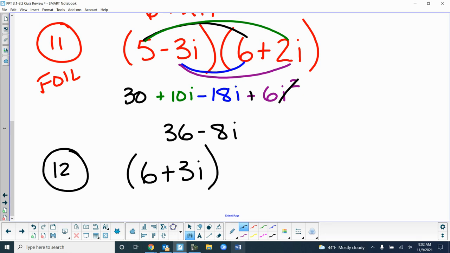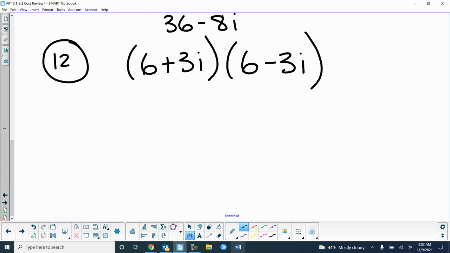Emma, what's the conjugate of 6 plus 3i? 6 minus 3i. So change the sign in between the real part and the imaginary part. You can foil it, but you don't have to. If you foil it, the outside part and the inside part are going to be negative 18i and a positive 18i.